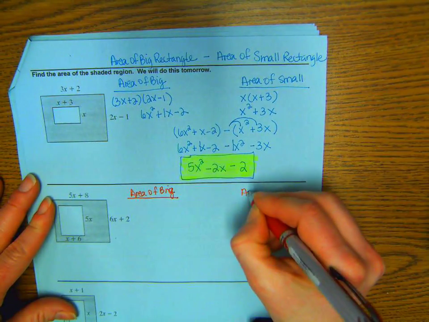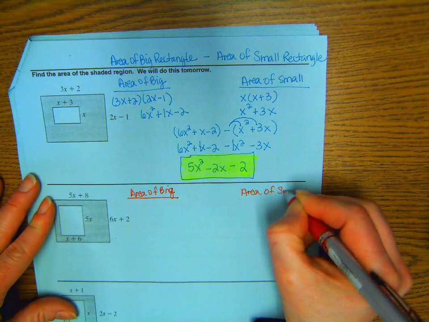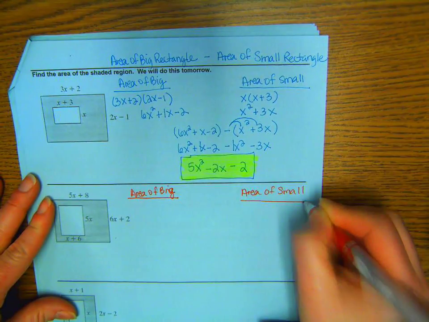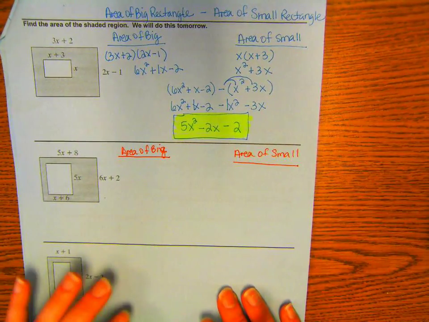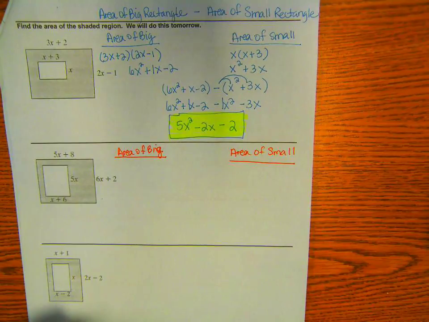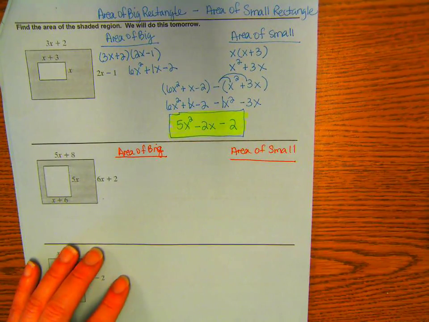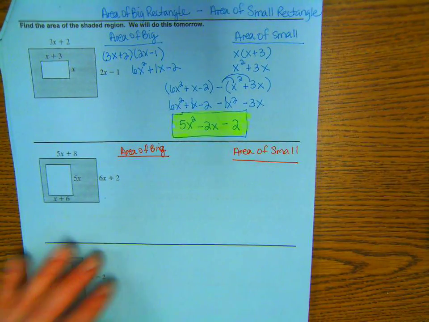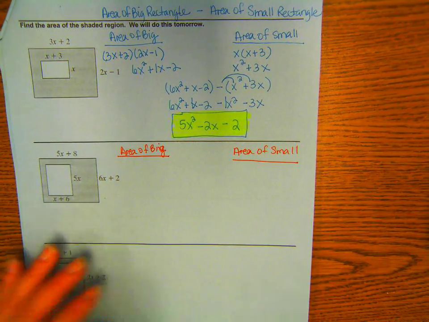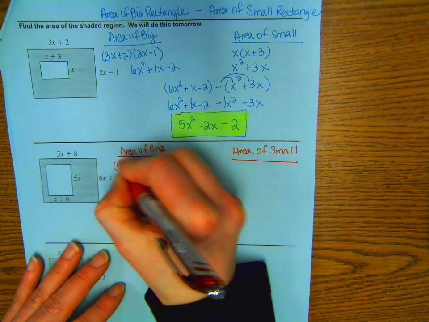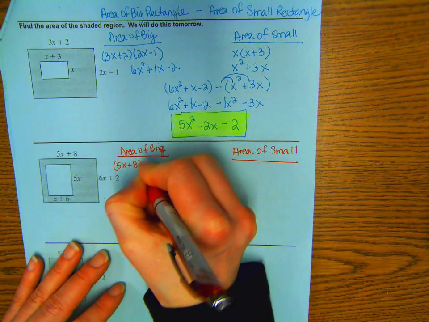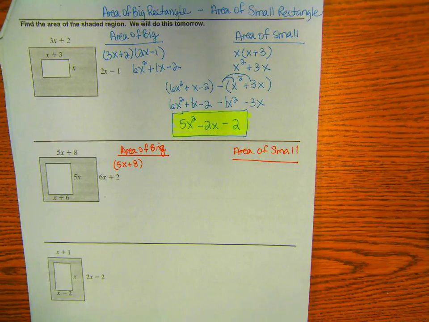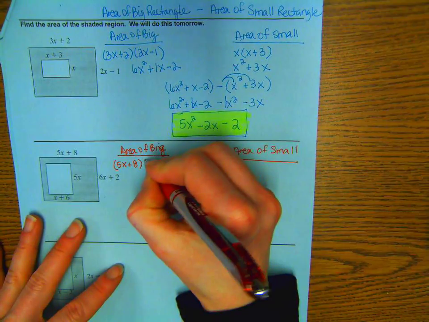What are we going to do to find the area of the big? How do we find area of a rectangle? Length times width. And then for the area of the small, what are we going to multiply together?